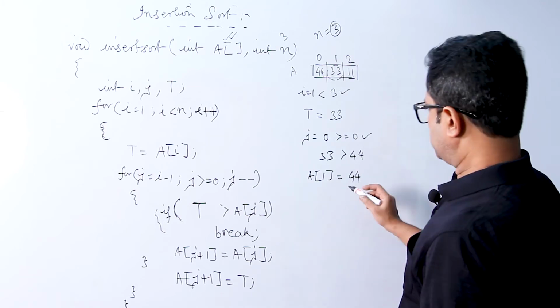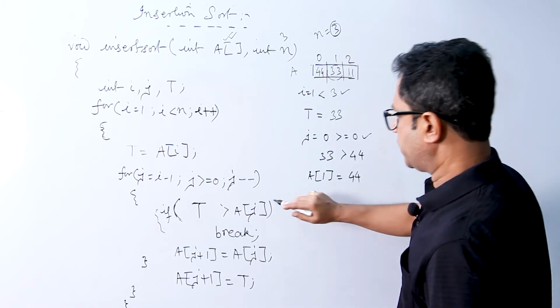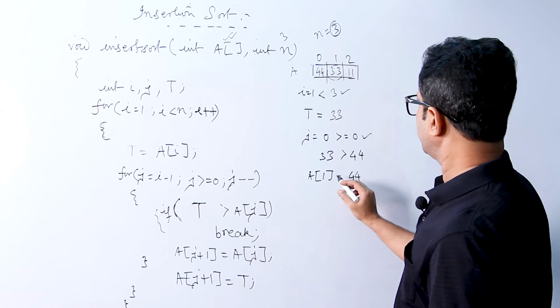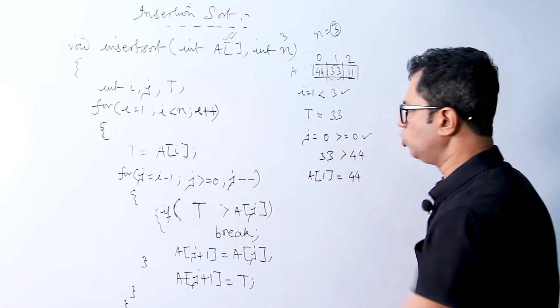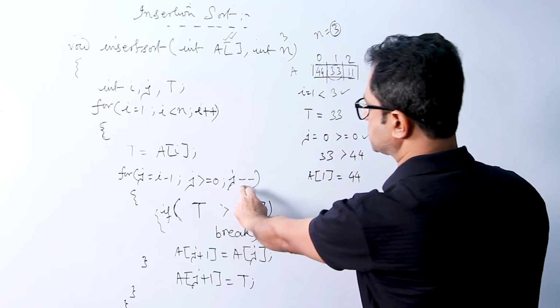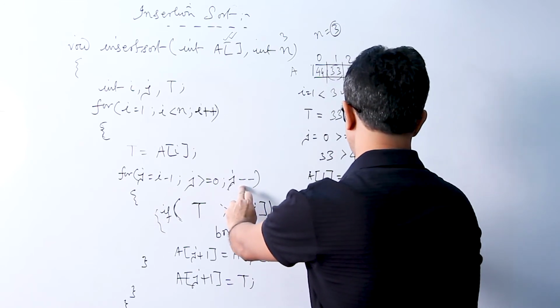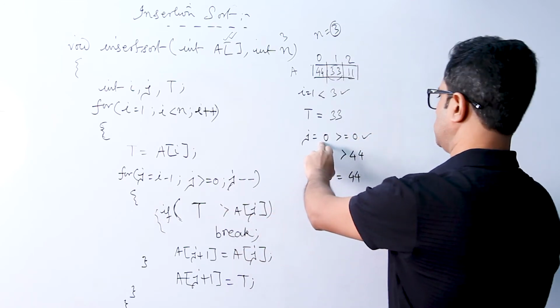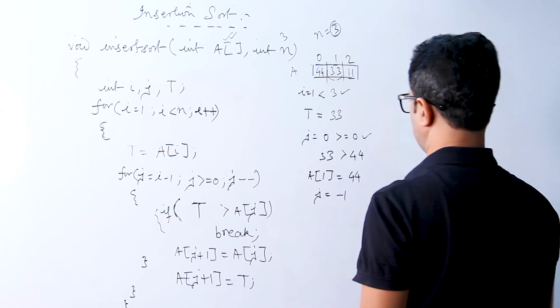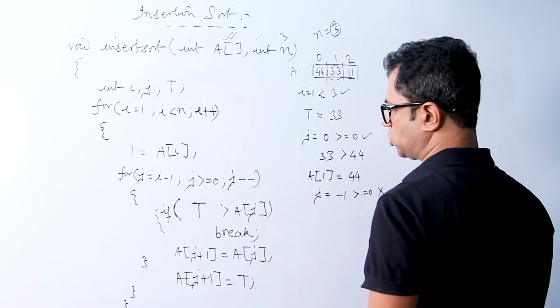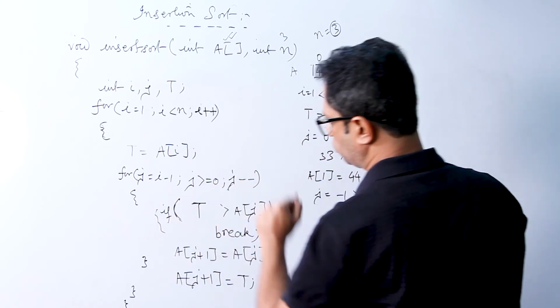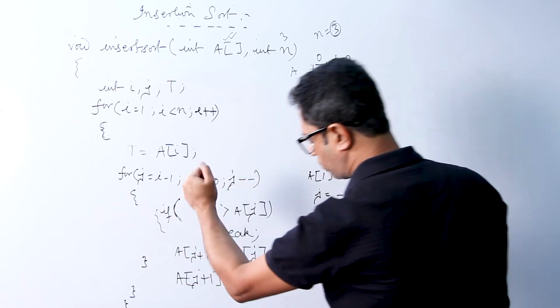After this, we again go to the inner for loop after decrementing j by 1. It was 0 previously, and it will become minus 1 now. Minus 1 is not greater than or equal to 0, the condition does not hold, so we go out of the inner for loop.